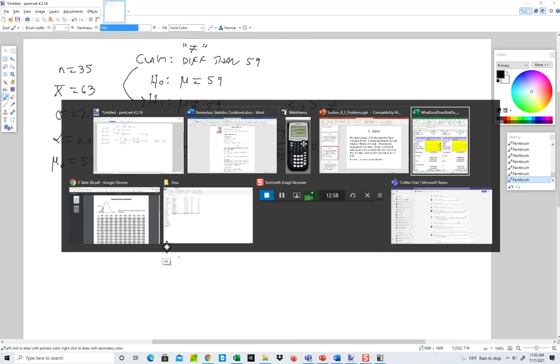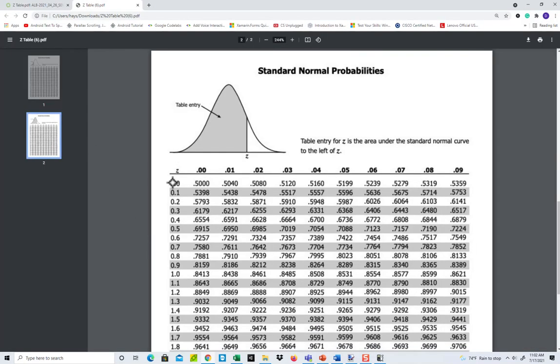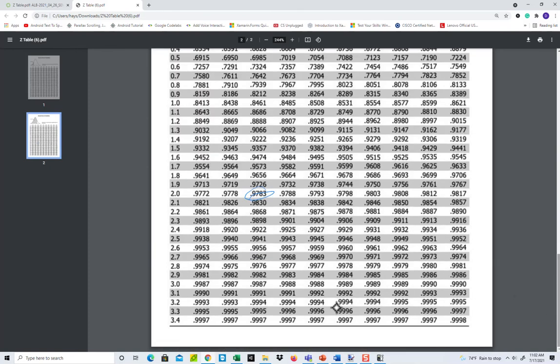Okay, if I come over here and look that up, the largest one is over here. So that's as good as it gets in terms of looking it up. 0.9998.